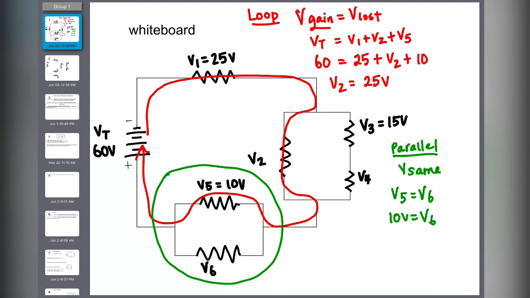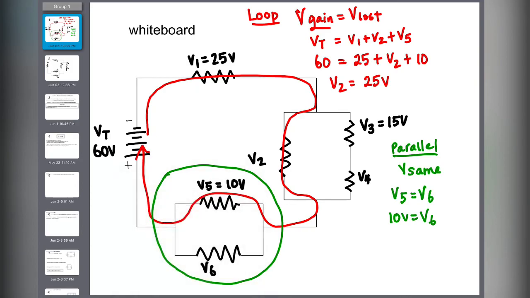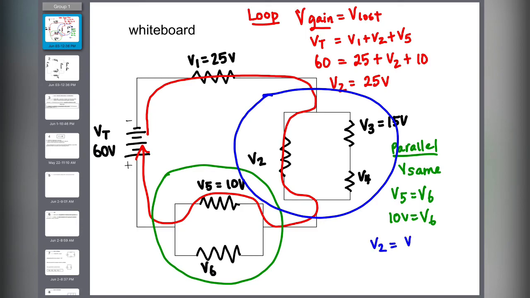Okay, done. But the other tricky one is that you still have another parallel loop. I'm going to pick blue and circle this for you. These two paths are also a parallel path. So it's not going to be V2 equals V3, but V2 is actually the same as V3 and V4 together, because V3 and V4 together are parallel to V2.